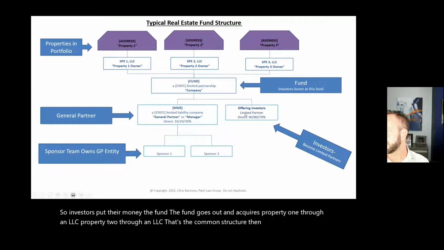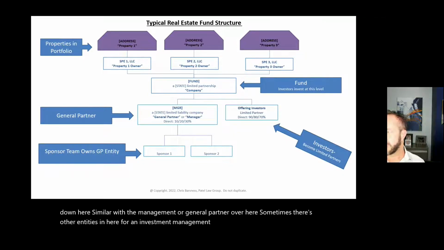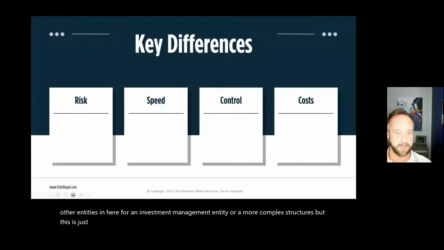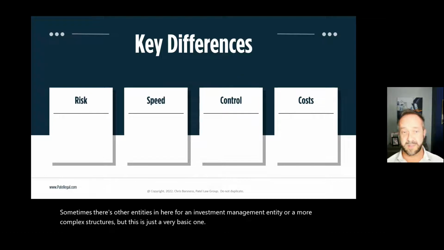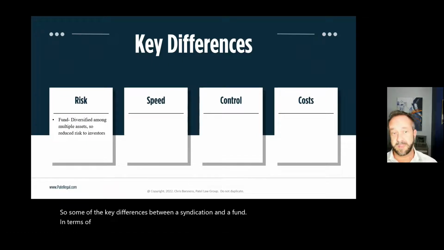Then the investors are down here, similar, with a management or general partner over here. Sometimes there's other entities in here for an investment management entity or more complex structures, but this is just a very basic one. So some of the key differences between a syndication and a fund. In terms of risk, a fund is diversified.